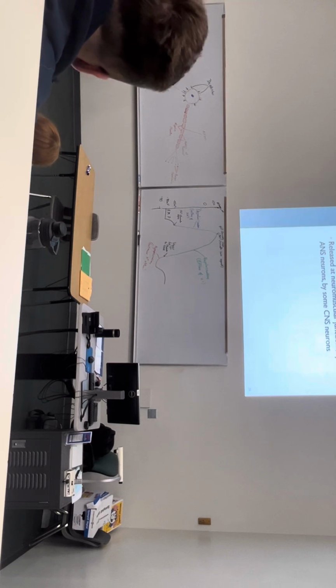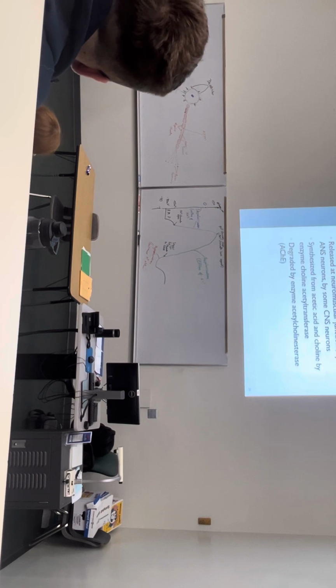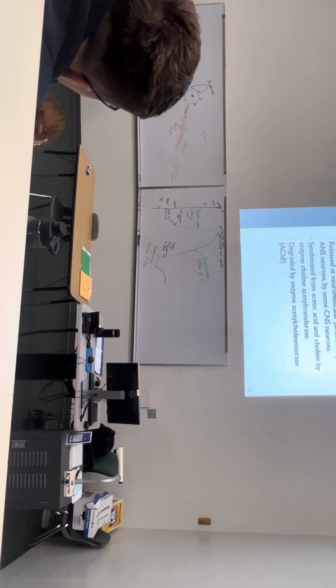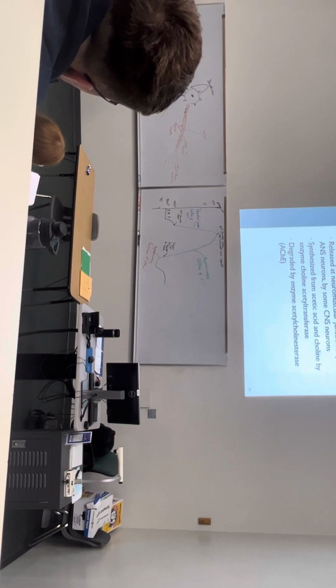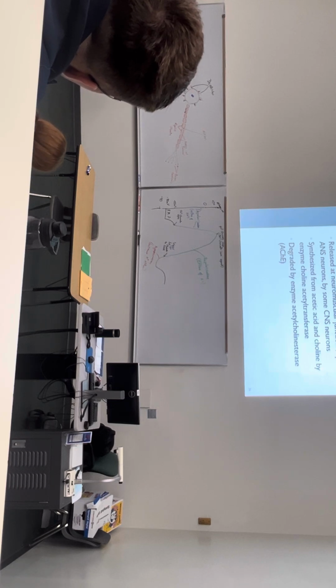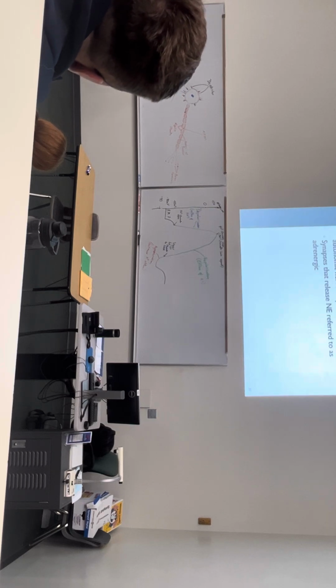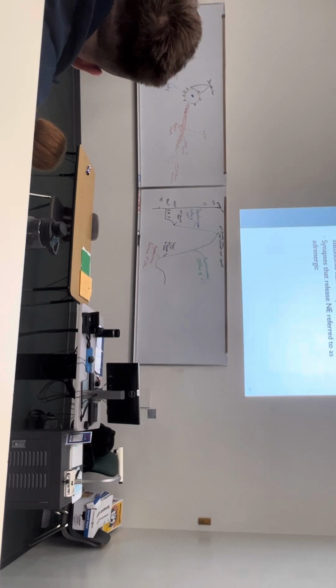Some central nervous system neurons release them. We talked about this enzyme, acetylcholinesterase, that breaks down acetylcholine. Well, choline acetyltransferase actually puts them together. So understand that enzyme as well. We do have norepinephrine, we'll talk about that when we do the autonomic nervous system.